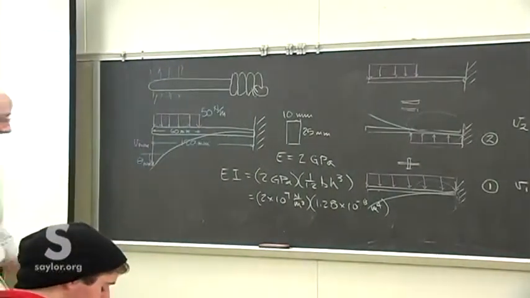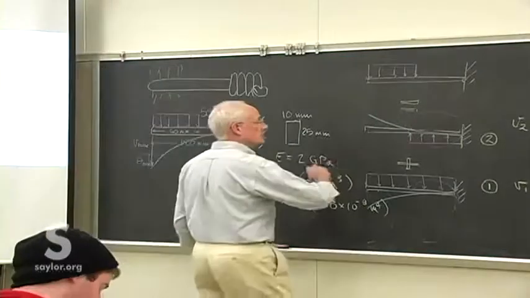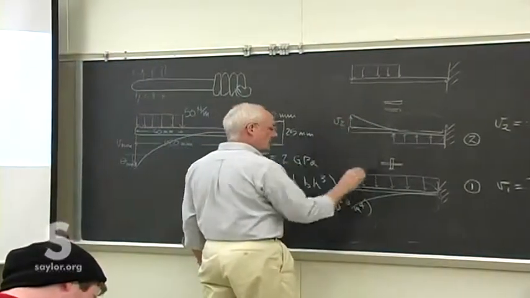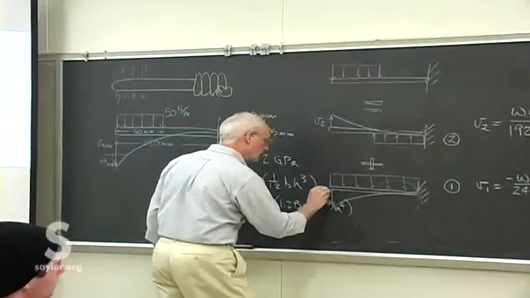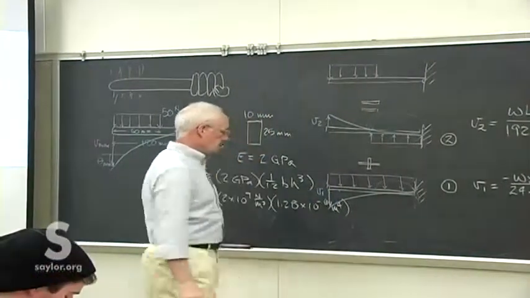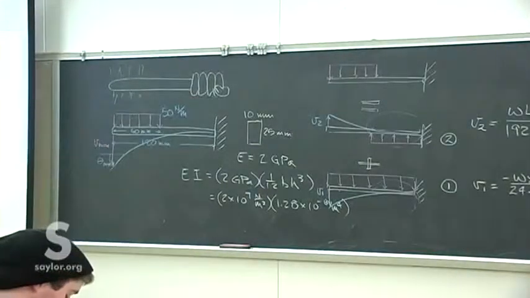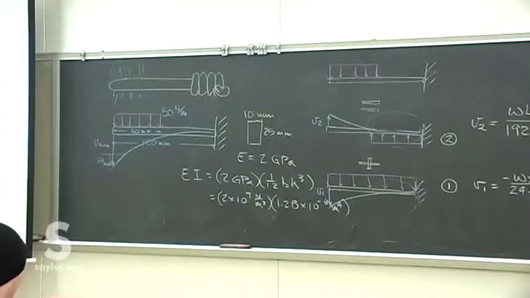Okay, yeah, number 2 we expect should be positive. And 1 should be negative, and hopefully if they work out, the total deflection is negative. Is that negative?